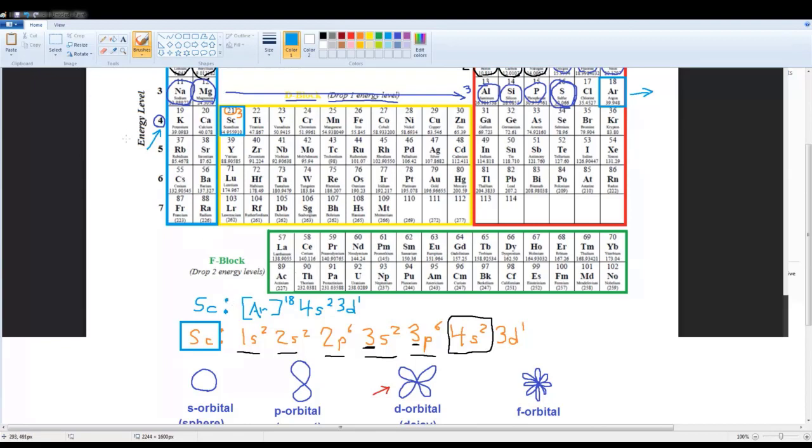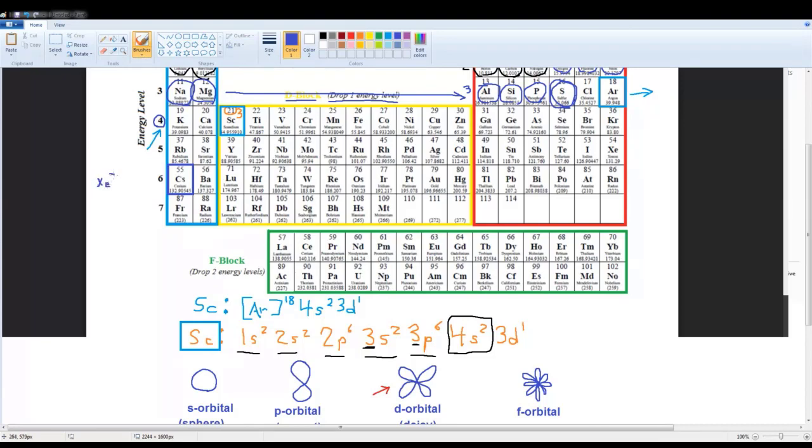So for example, if you had something like cesium, cesium is right here. Instead of starting with 1s2 and going 1s2, 2s2, 2p6, 3s2, 3p6, 4s2, 3d10, etc., I can just start with the previous noble gas. The previous noble gas to cesium is 54, or xenon.